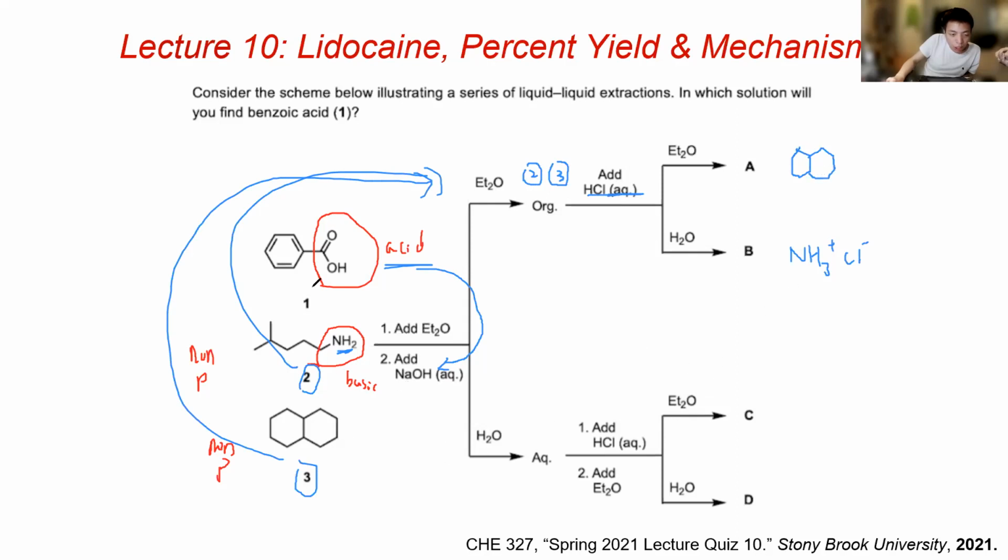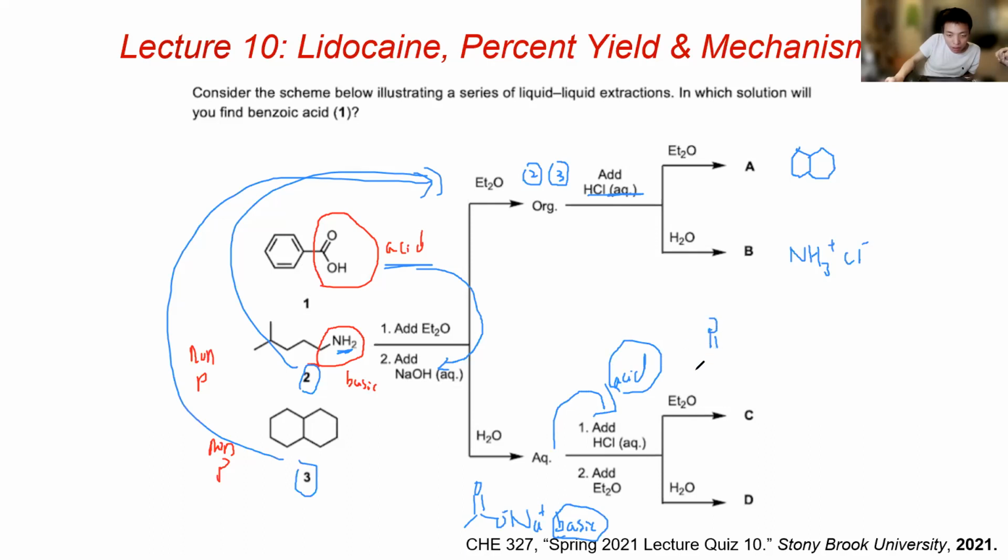And then we extracted our benzoic acid into base form, and that's why it's soluble in water. That will be our benzoate. And then the benzoate is being treated with, so this is basic. This is acidic, which is nice because we can have our acid-base extraction.